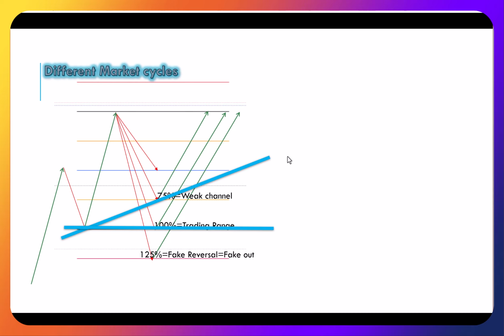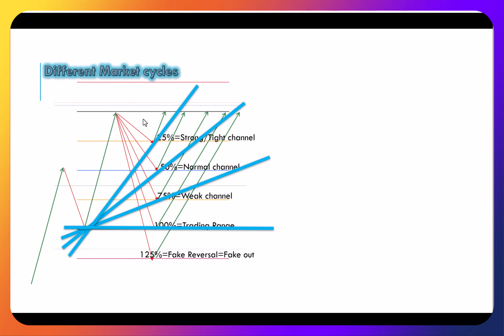If it is 50%, it is a normal channel, and you can see it. And if we have 25% or 30% retracement, we have a tight channel, and then a spike. So 0% retracement means that it doesn't retrace at all. It means that it breaks out.